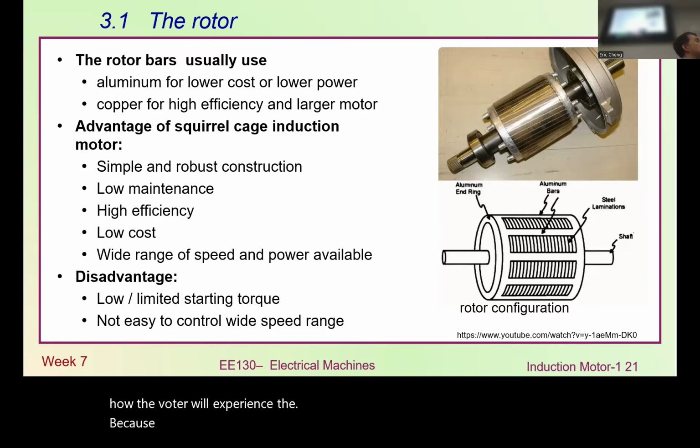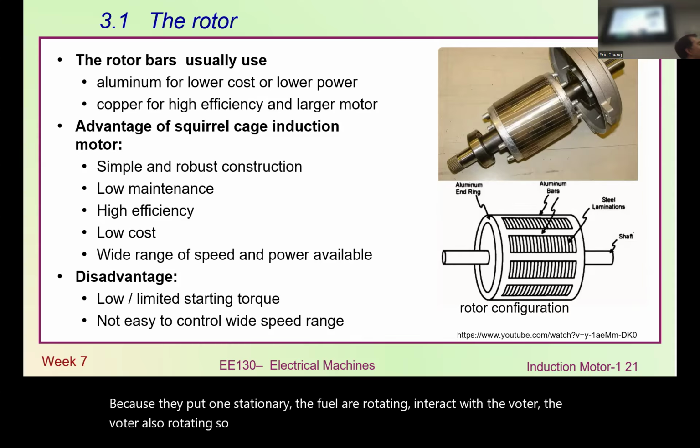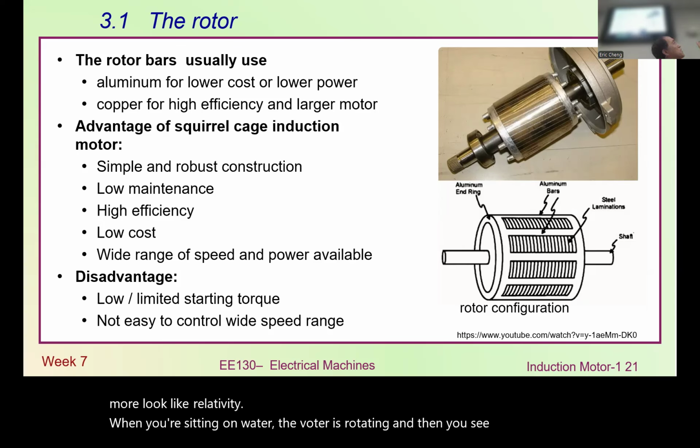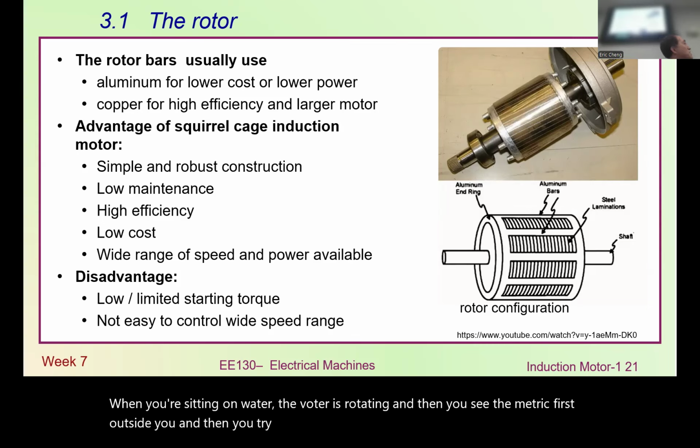Because the stator is stationary, the field is rotating and interacts with the rotor, which is also rotating. So what you see from the rotor itself will be a much lower frequency. That frequency induced on the rotor becomes a much lower frequency, more like relativity. When you're sitting on the rotor, which is rotating, you see the magnetic flux outside and try to trace it, but your frame is also rotating at roughly 3,600 RPM.